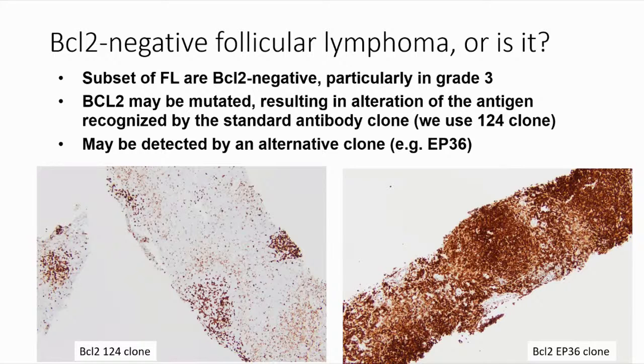So oftentimes I would just do maybe a CD3, CD5, CD20, Ki-67, and look at the distribution of B and T cells. Are these polarized? If I don't see a major expansion of the B cells and they're well polarized follicles, I'm going to definitely favor a reactive pattern.